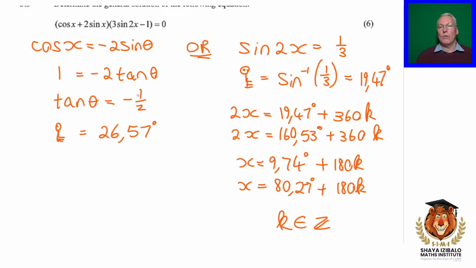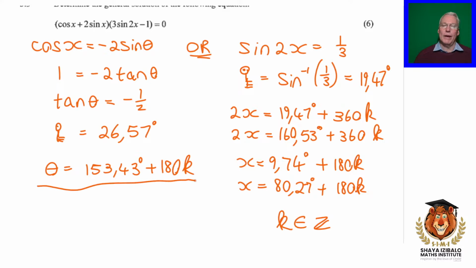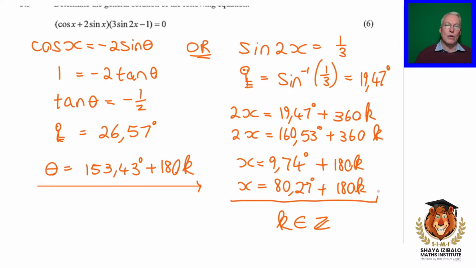All right, and we want to be in quadrant 2, so we'd go 180 minus that. So theta would be, so it was x, and I've changed it to theta, I'm going to leave it at theta, 153,43 degrees. And remember, because it's tan, we can go plus 180. Okay, so there are our general solutions there and these two over here.